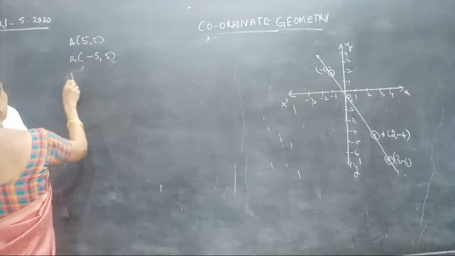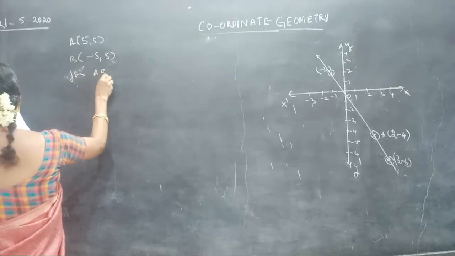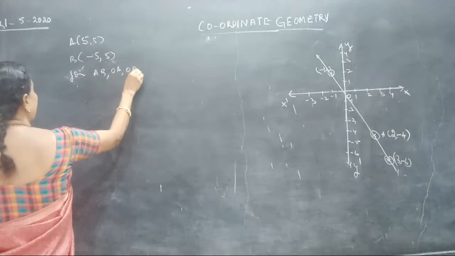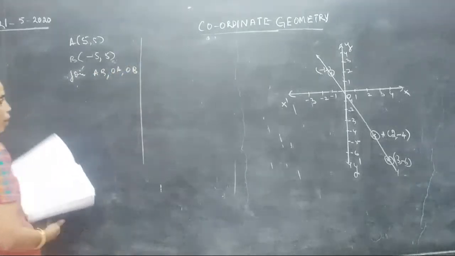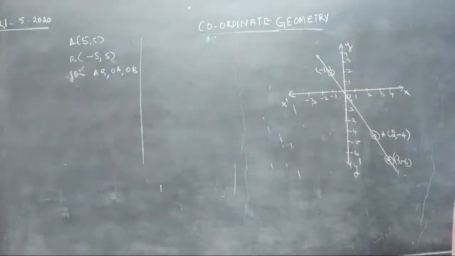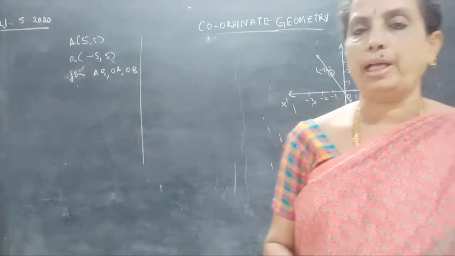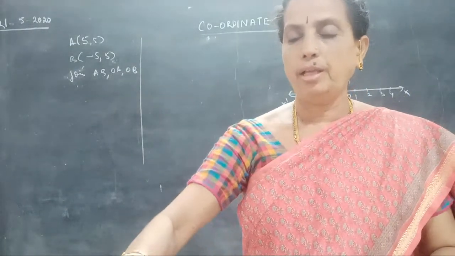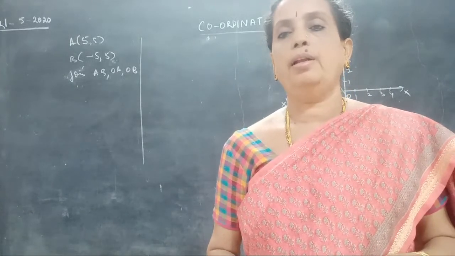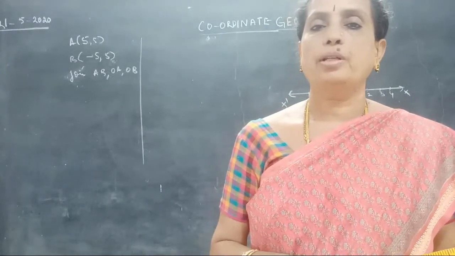Then they say join AB, OA, OB. You have to join them in order AB, OA and OB, and identify the type of the triangle. After seeing the figure, you can guess whether it is an equilateral triangle, right triangle, scalene triangle or isosceles triangle.